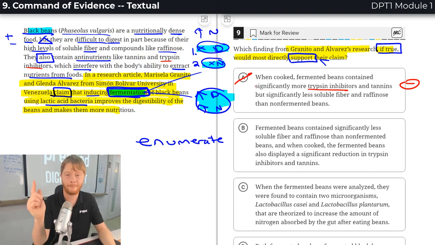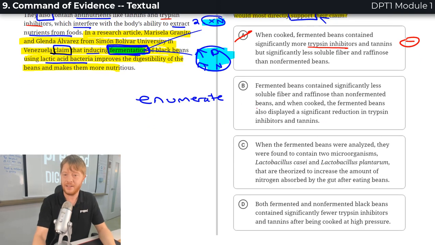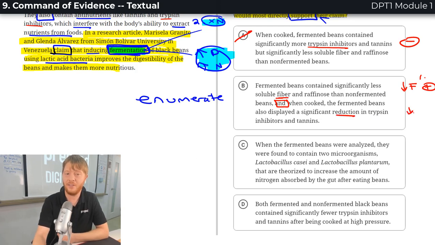Kill A. B now. Fermented beans contained less fiber. If it's fermented, okay, less fiber. That's a good thing, right? Because if it has fiber, it's hard to digest. And when it's cooked, I like the end, the fermented beans also had less trypsin inhibitors, and those inhibitors are blocking nutrients.